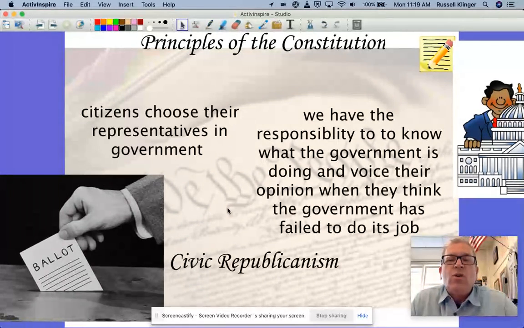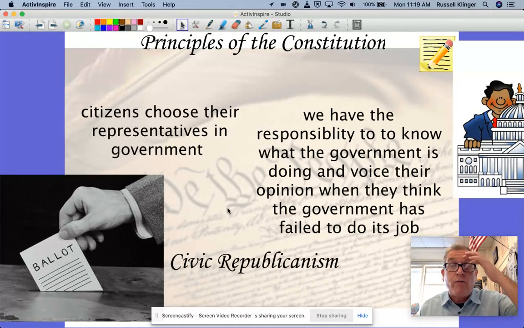As a citizen, you're civically, that means related to government, responsible to ensure that you stay informed of the issues, and that you react when the government fails to perform or do the job that the people have asked it to do.